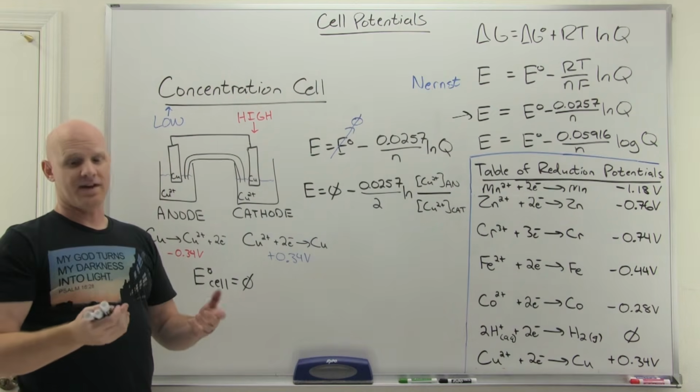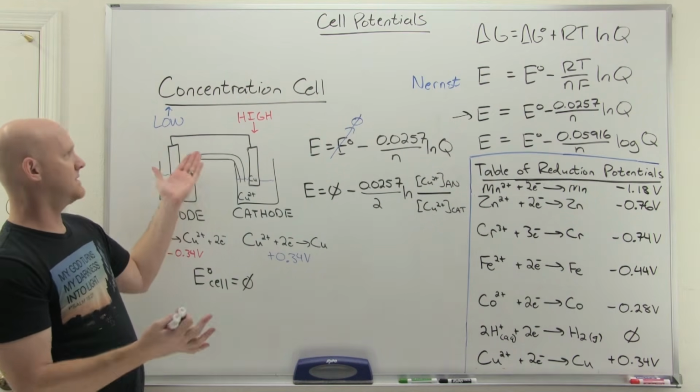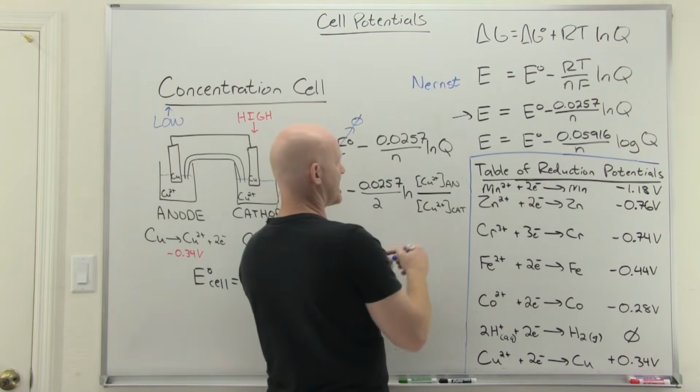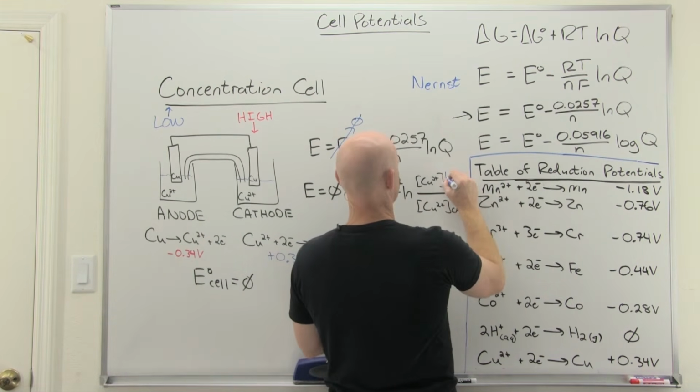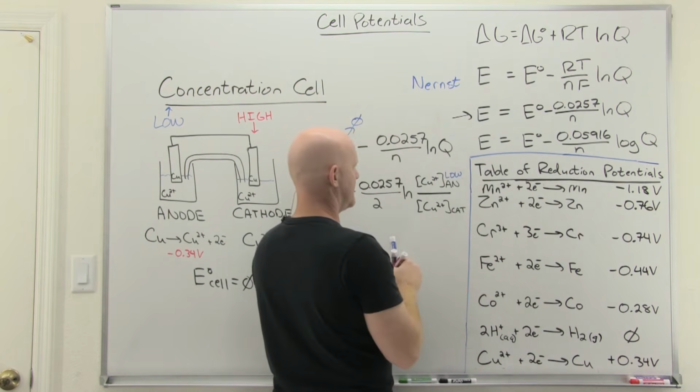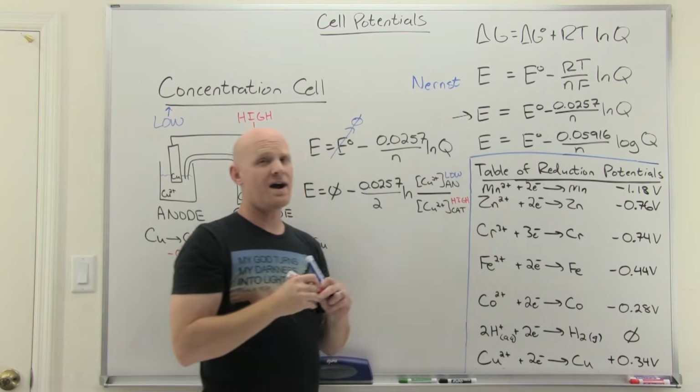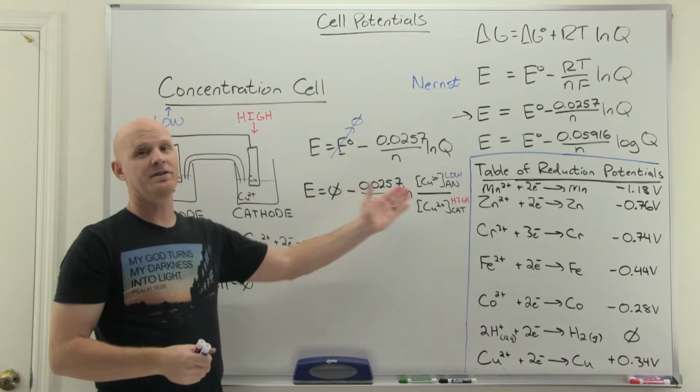Some people will look at it that way, and some people say, well, it has to be lower in the anode and higher in the cathode. So instead of saying anode over cathode, some people will say do low concentration over high concentration. And only if you do it low over high will you come out with a positive Ecell.